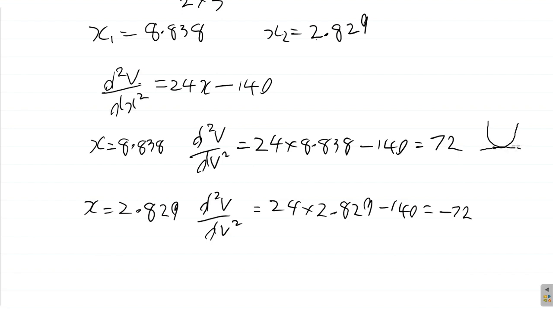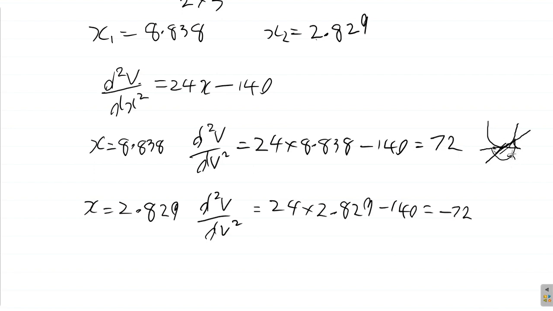If it is a minimum point, going from left to right, the gradient is going to swing from 0 to a positive value.